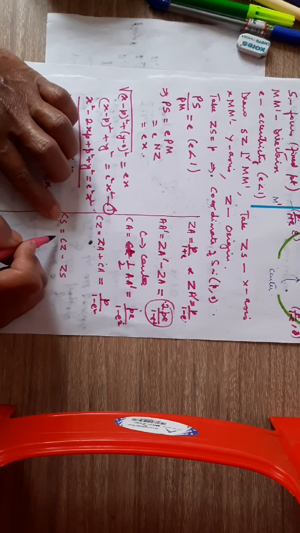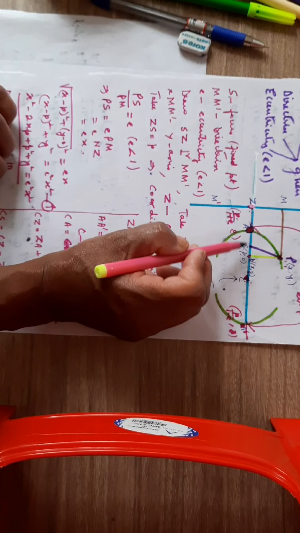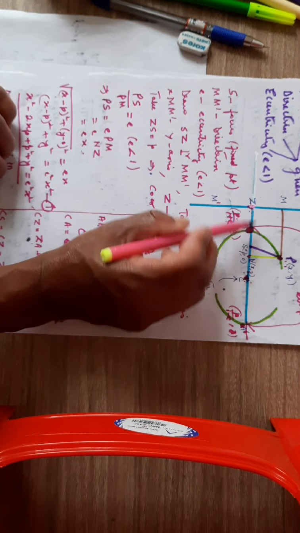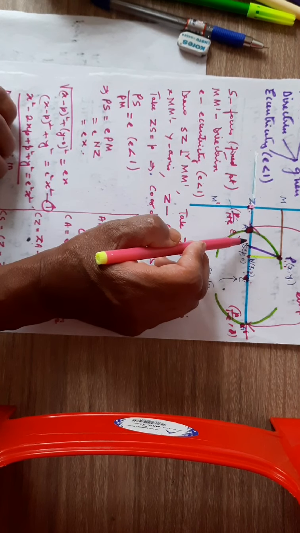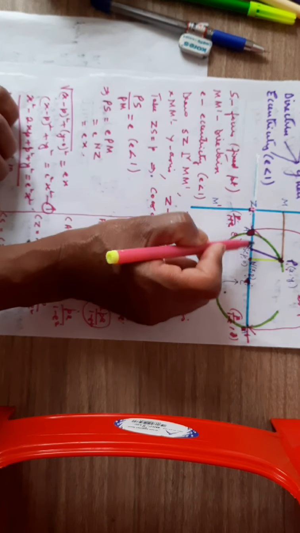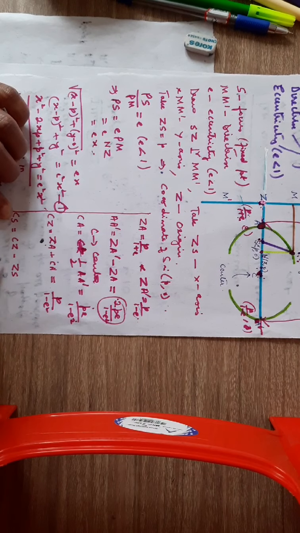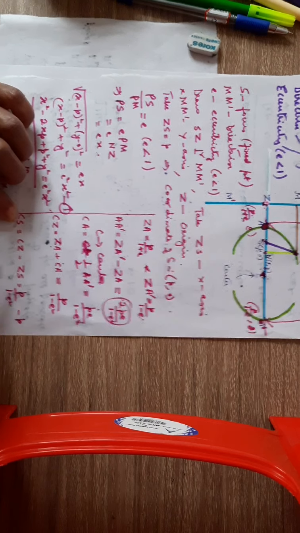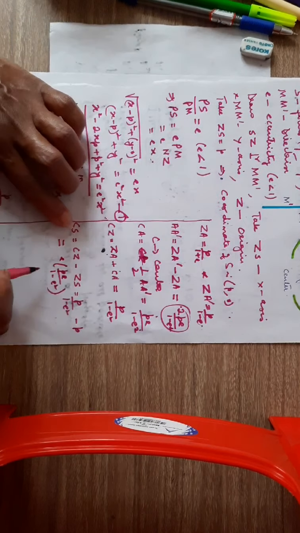And then you can calculate what is CS, that is this one. CS is equal to C set minus set S. But what is set S? That is the distance from here, it is P. And C set we are getting as P by 1 minus e square, minus set S which is equal to P. So on simplifying, you'll get E into PE by 1 minus e square.